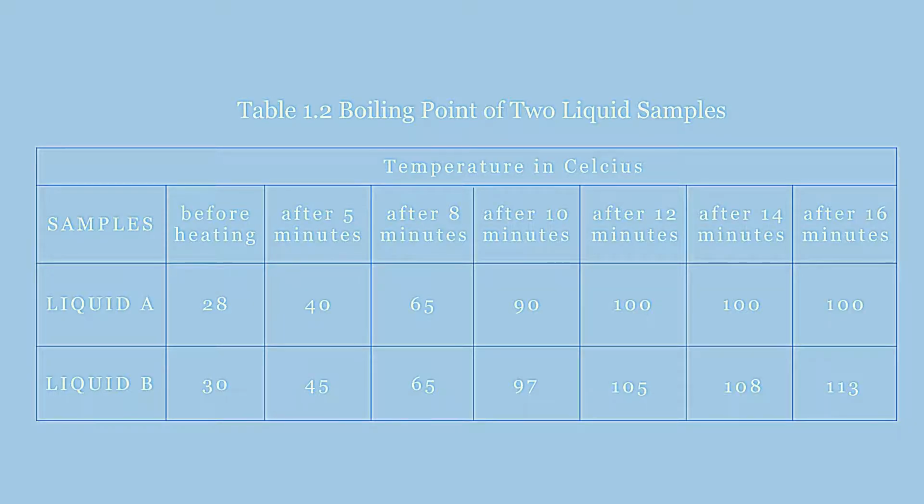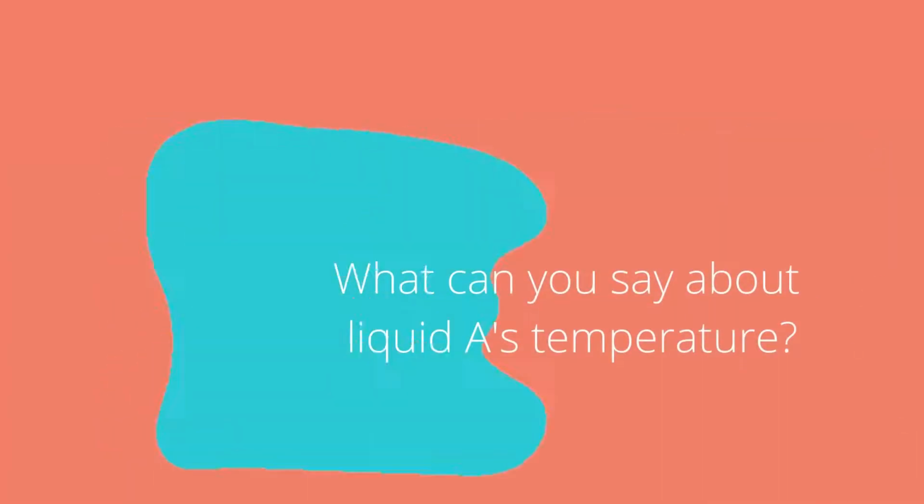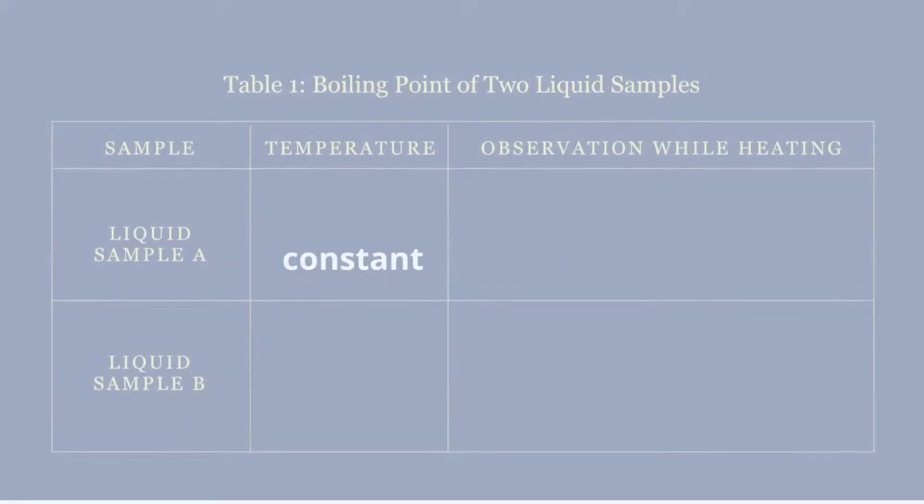Let's look at this table. What can you say about liquid A's temperature? It is constant. Yes, that's right. And your observation? That's correct.